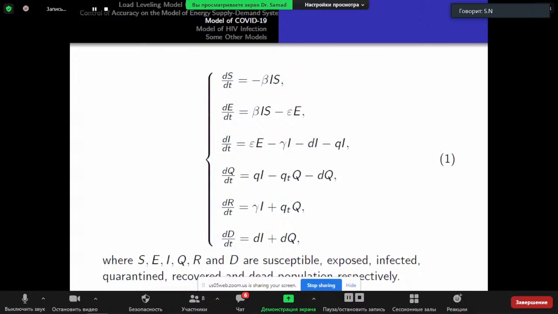For example, we can forecast the death rate in special time. We can forecast the recovery rate in special time.